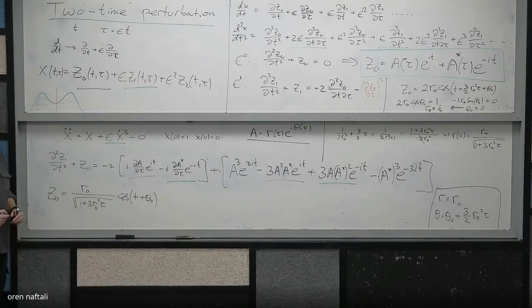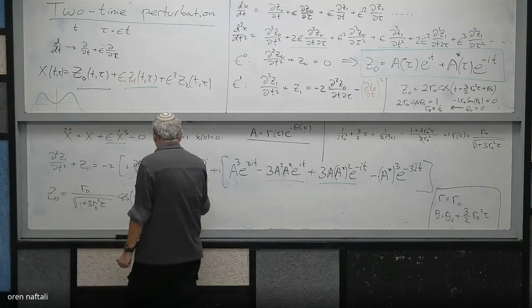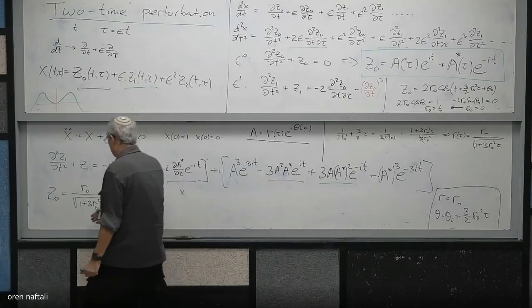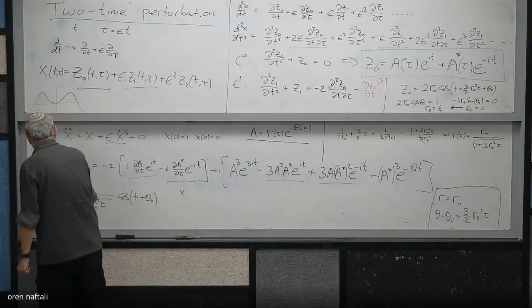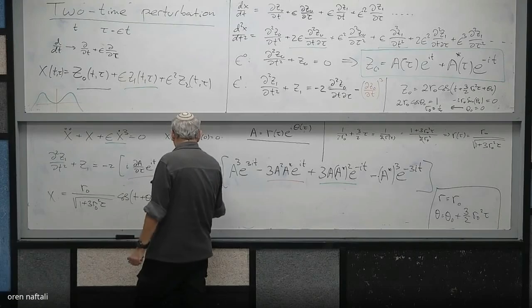Okay, now I have to implement the initial conditions to find what? To find r naught and theta naught. These are the things that I would like to find. So suppose my initial conditions are x0 is 1 and x dot of 0 is 0.